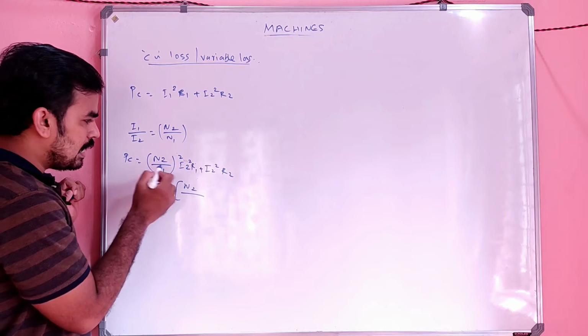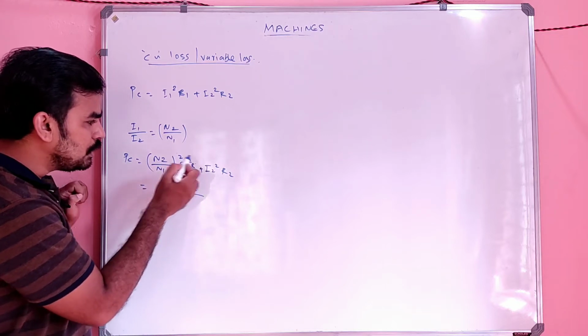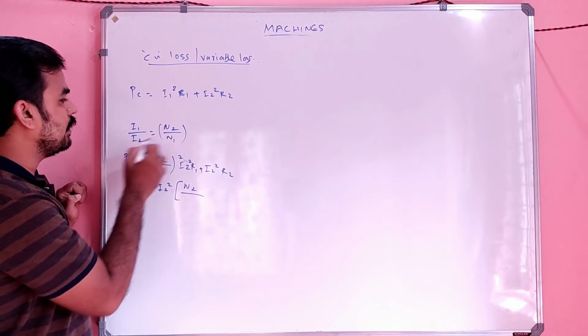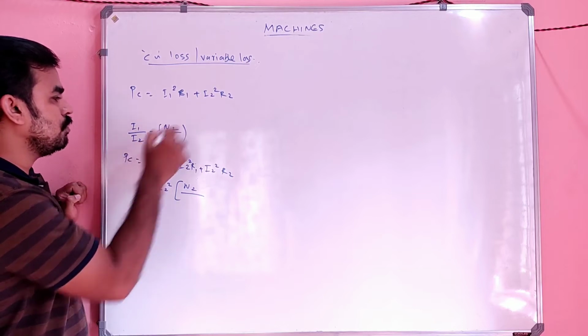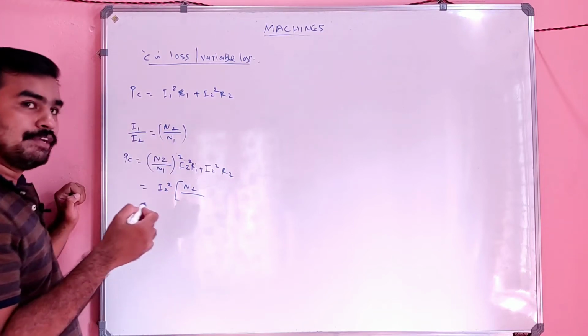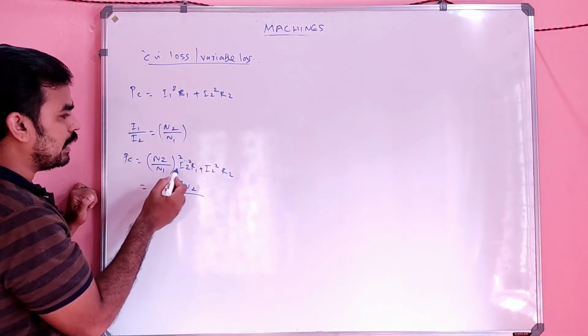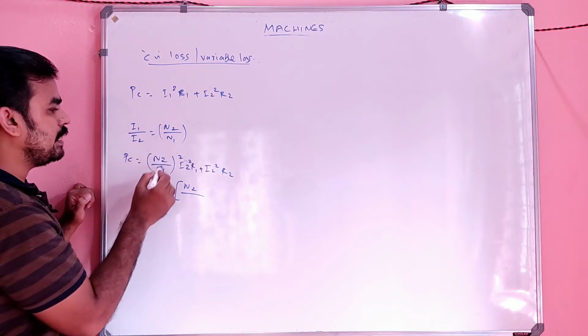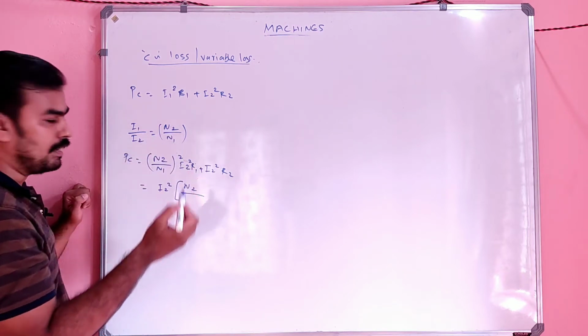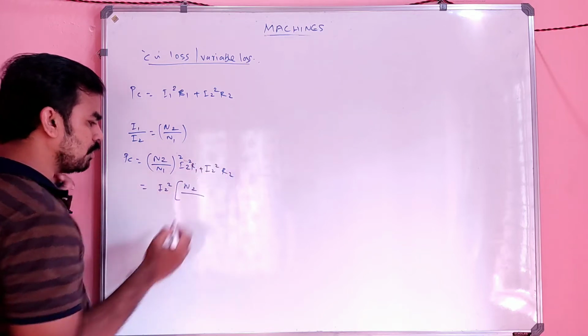Because N2 by N1 the whole square into I2 square is nothing but I1 square, this I1 square can be replaced by N2 by N1 the whole square into I2 square, into R1, plus I2 square R2.